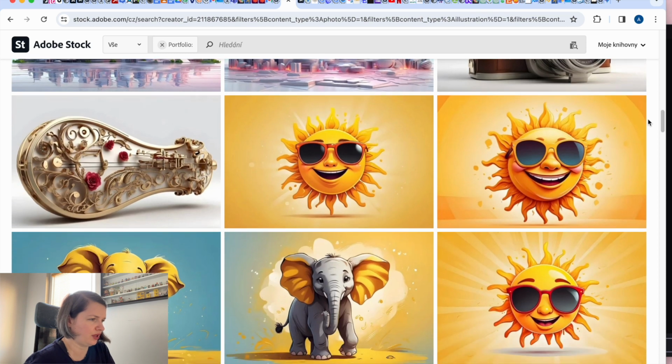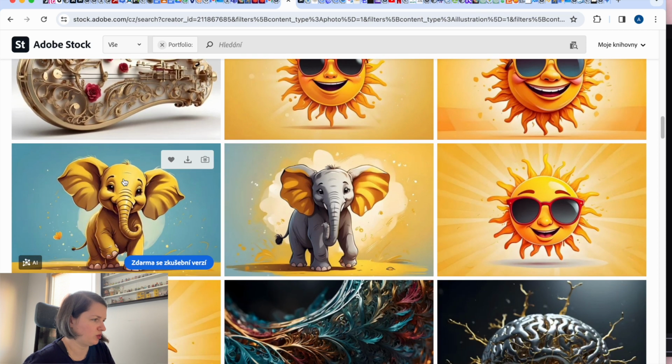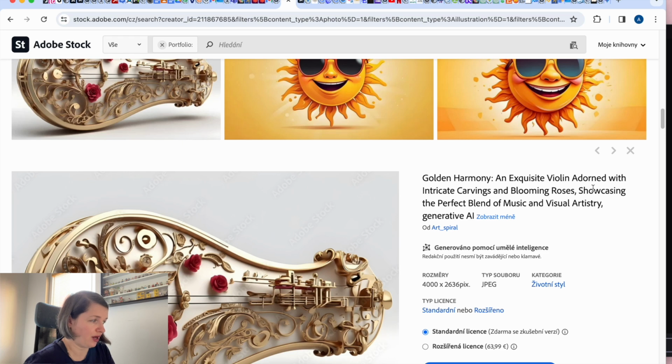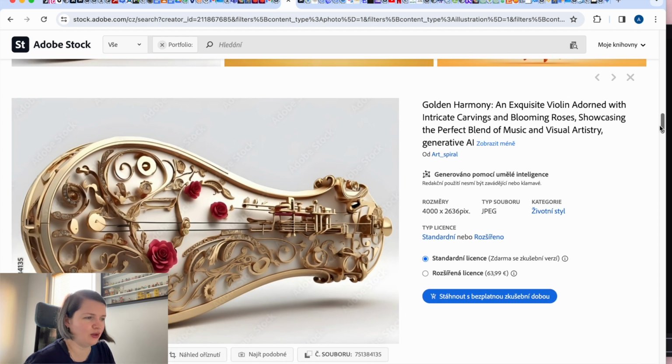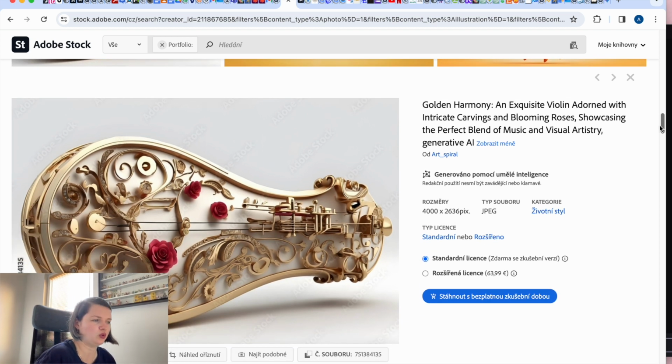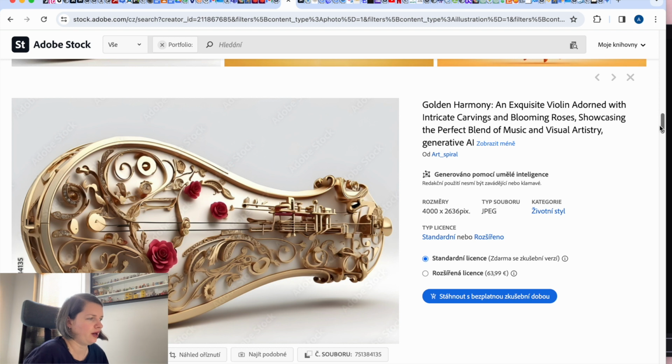For example, again here, this is supposed to be a violin. Well, it doesn't look to me like a violin, and when it doesn't look like what it is supposed to be, I don't think that you will get sales.